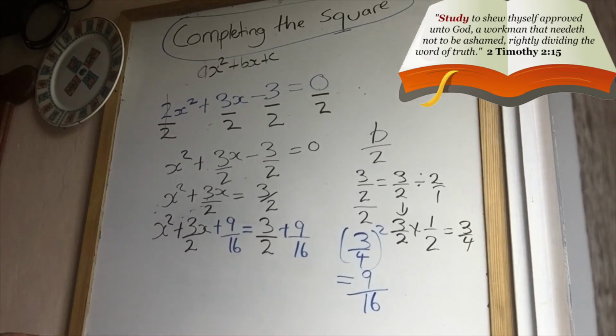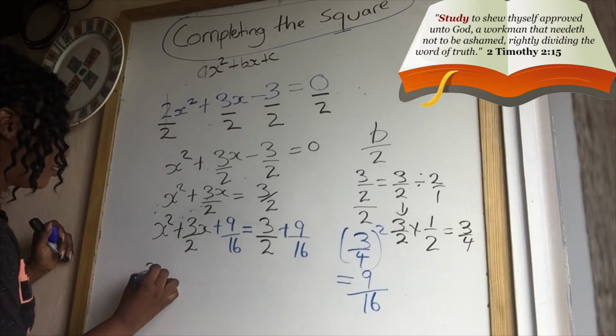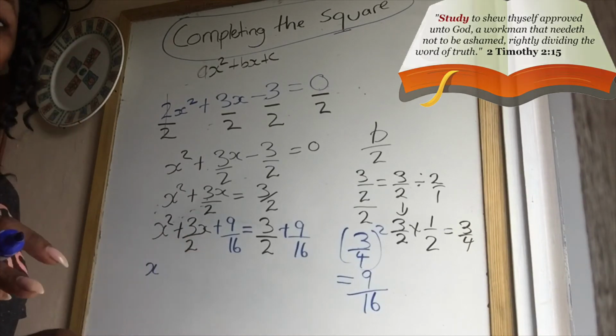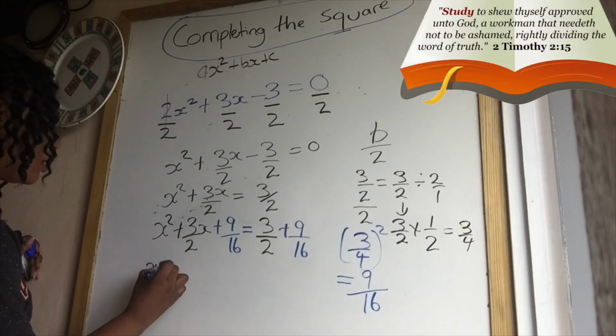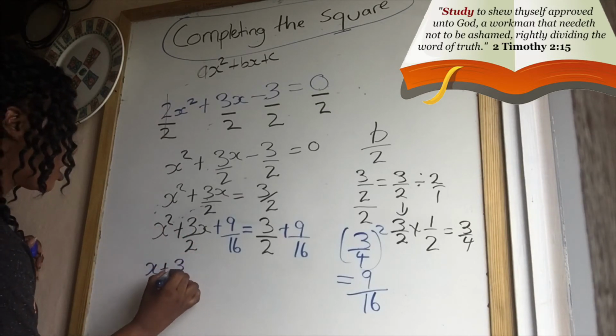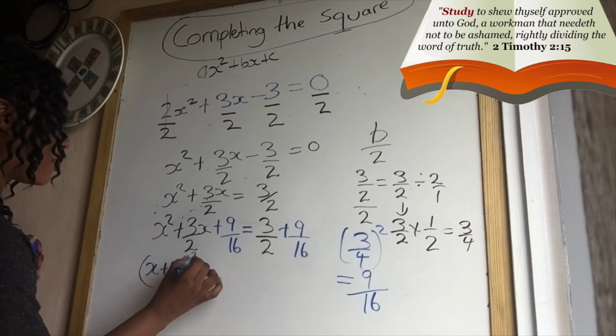Now we're going to clean this up. When we're cleaning it up, we'll end up with x plus half the coefficient of x, which was 3 divided by 4, and you square that number.